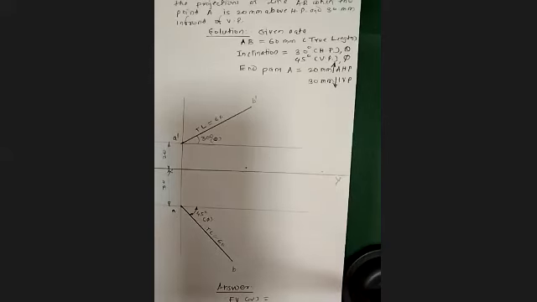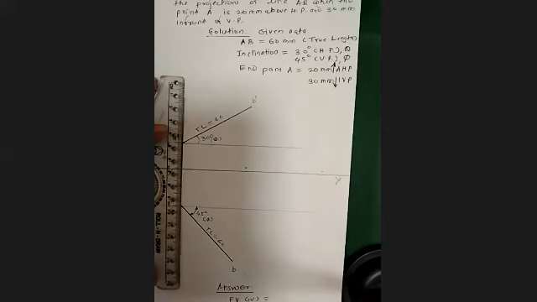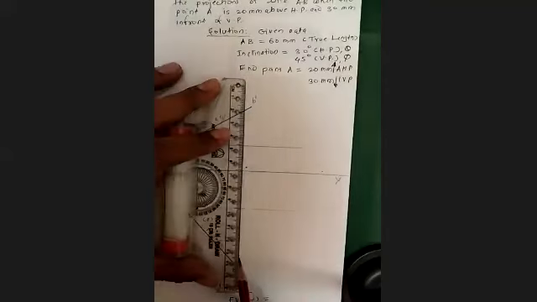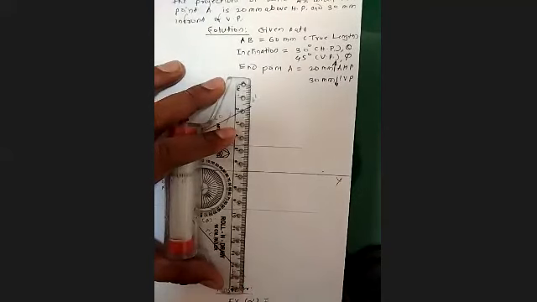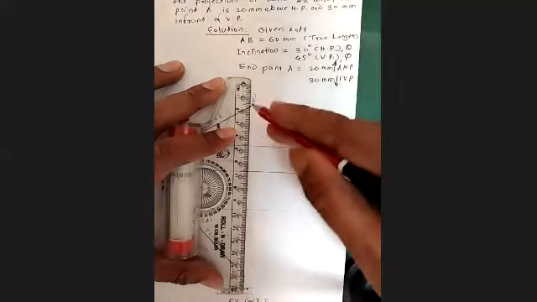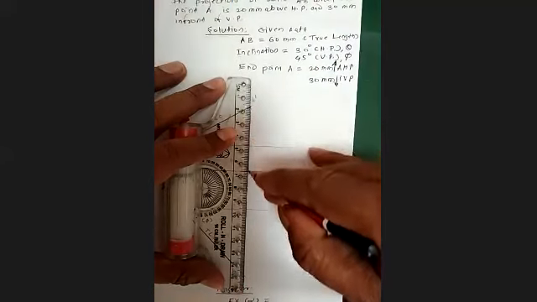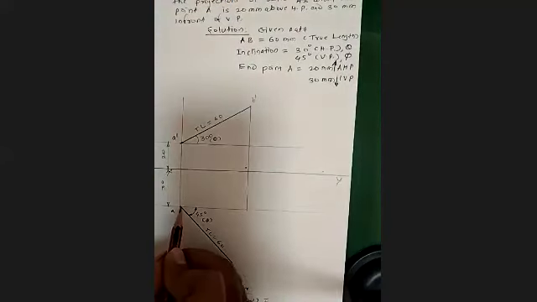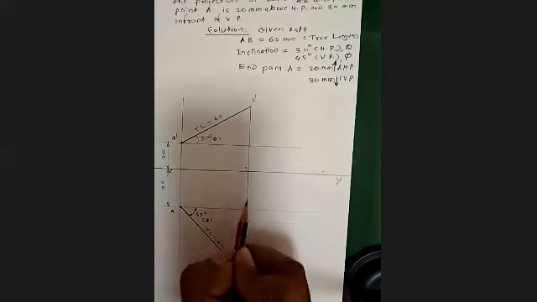So then what you will do: to this projector or end projector line for A, perpendicular to XY line, draw a line passing through B dash. Okay. Take this line to the locus of A. Okay. Till the locus, you continue with that line.